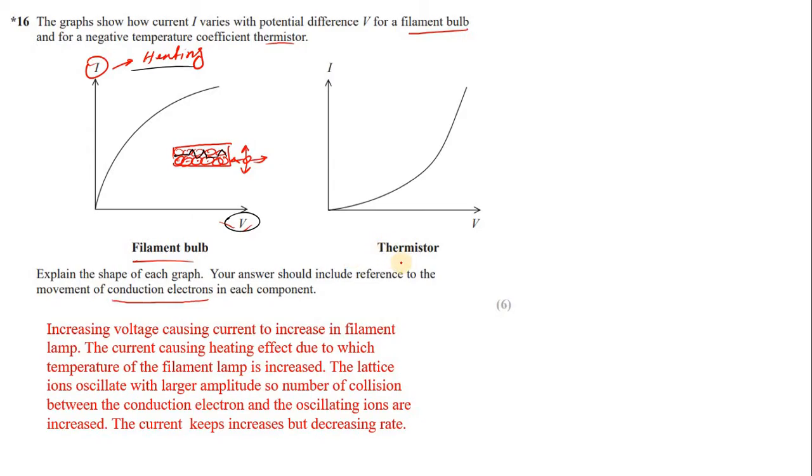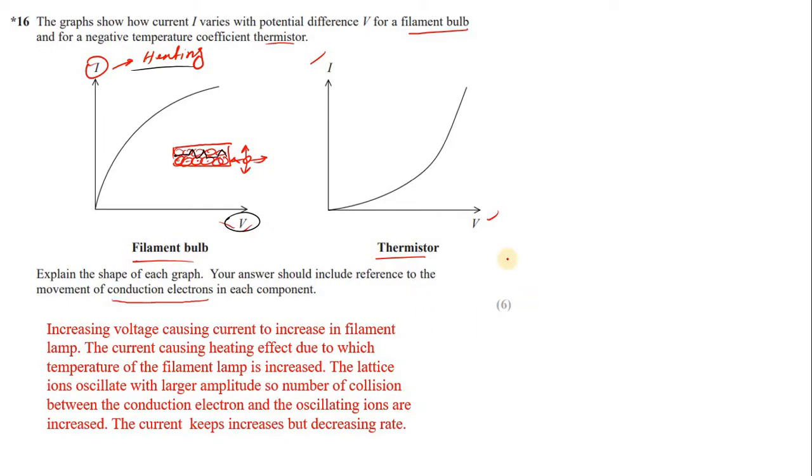For the thermistor, it is something else. When you increase the voltage, of course you have an increase in current, so the heating effect. But a thermistor is a semiconductor, and in a semiconductor, increasing temperature causes more conduction electrons to be produced. So the higher the temperature, the more electrons are produced in the thermistor.